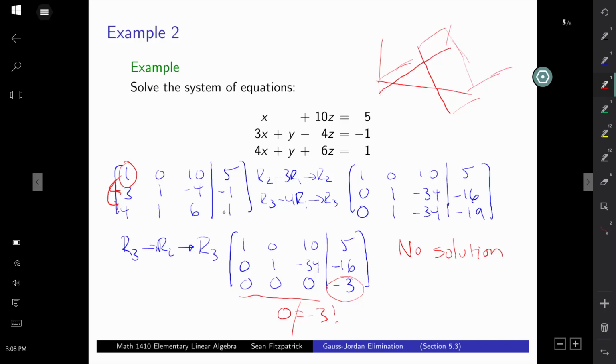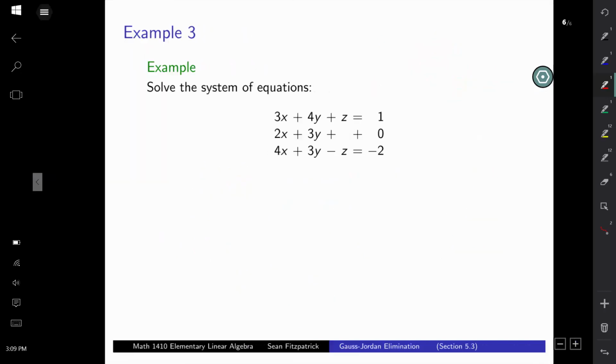So there are points that these two planes have in common, and points that these two have in common, but they form this triangular tunnel between the planes. So there are points that are common to any two of the three planes, but there's nothing that's common to all three, and so there's no way to solve the system in this case.